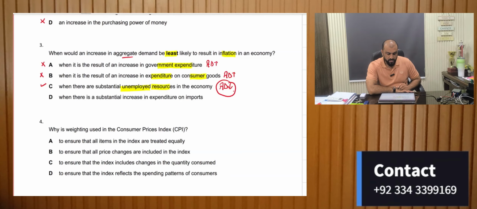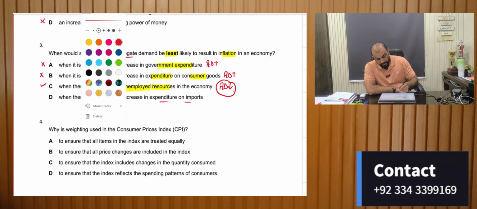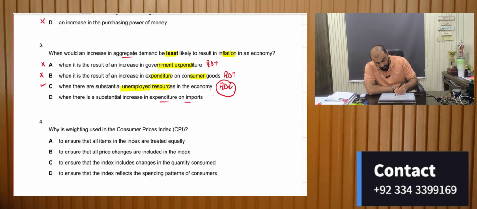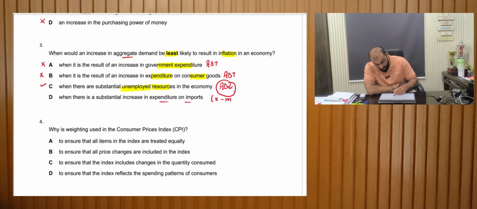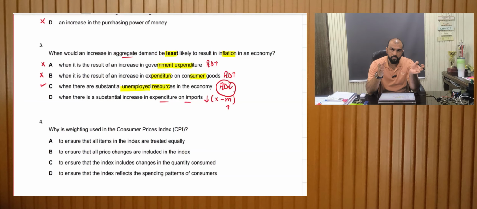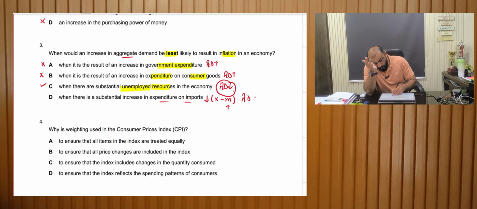When there is a substantial increase in expenditures on imports. What this basically means is the net exports, X minus M, has decreased because the imports have increased. The import is a negative value and it has increased. So overall the aggregate demand would fall.